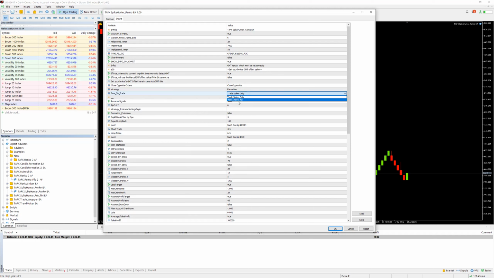This means that if you want to trade the spikes and also against the spike, you are supposed to select trade mode full. This will help you trade both directions, with the spikes and against the spikes. But for spikes only, there is the trade spikes only option. That is the only option you need to change.